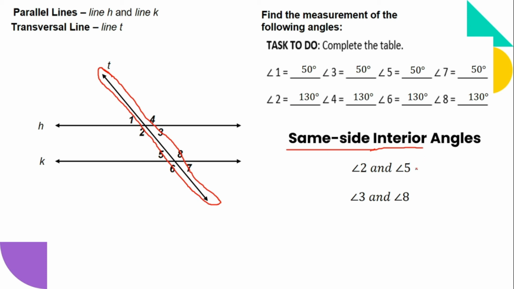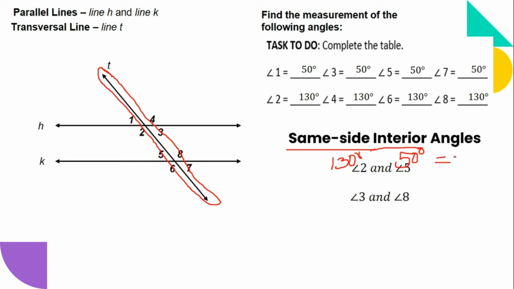Let's see their measurement naman. Si angle 2 ay 130 degrees. At si angle 5 ay 50 degrees. Now, ano kayang relationship ng dalawang to? Are they congruent? No. But, let's see. If we add 130 to 50, that is equal to 180 degrees. Tama?